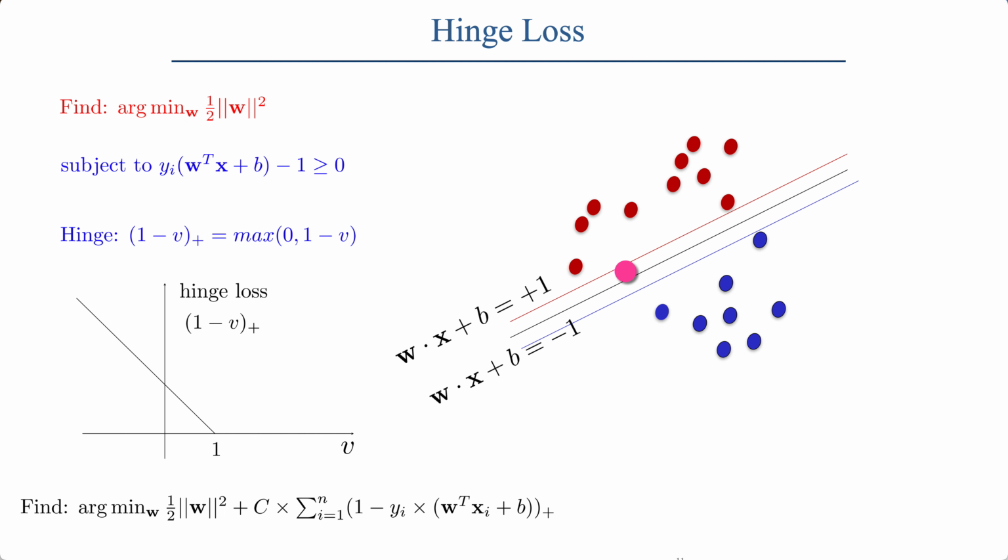If I have some data point in this place, well, I want to penalize that for being on the wrong side of the margin of the positive hyperplane. Where is the positive hyperplane located?